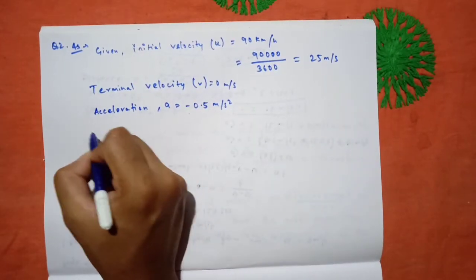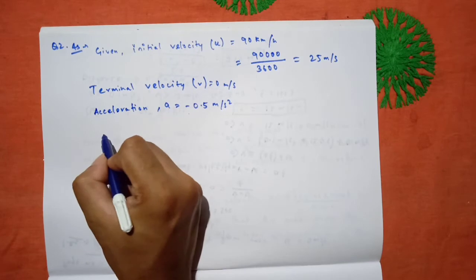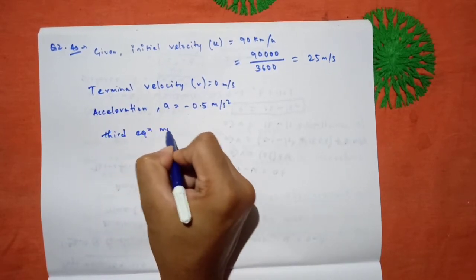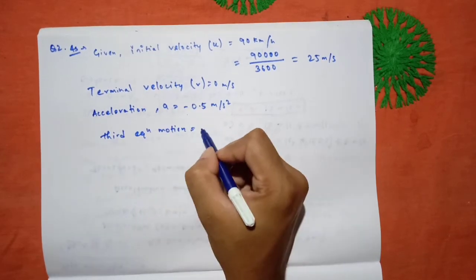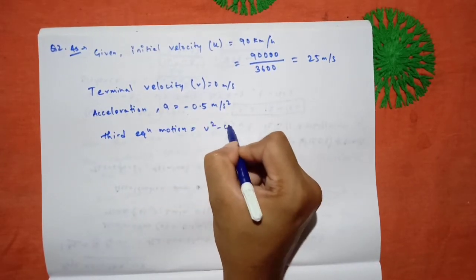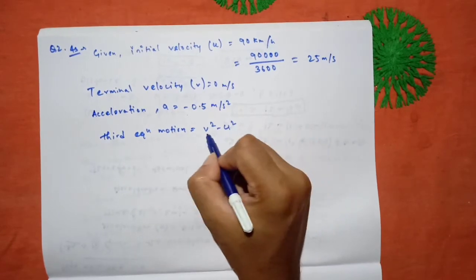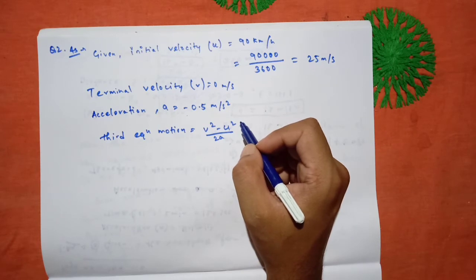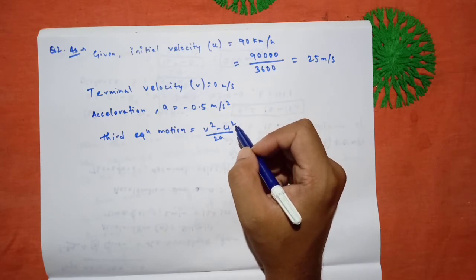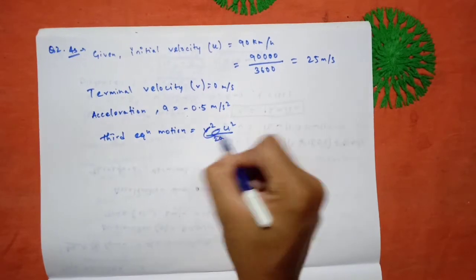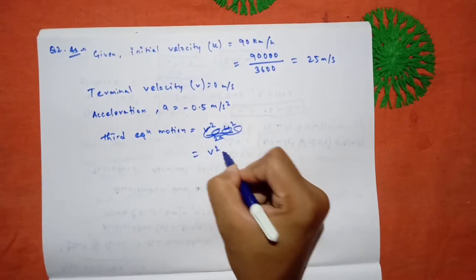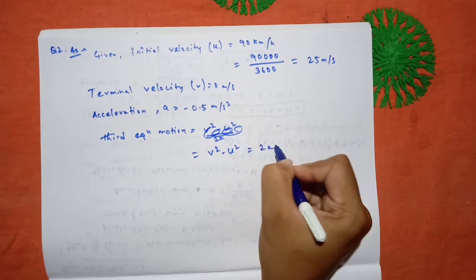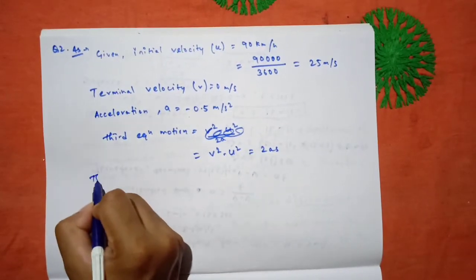As per the third equation of motion, we have to use the third equation of motion here. Sorry, the formula is not s equal to that directly. The third equation is v square minus u square equal to 2as.